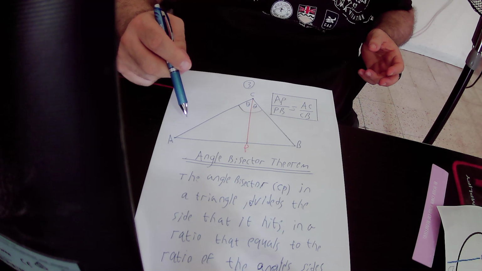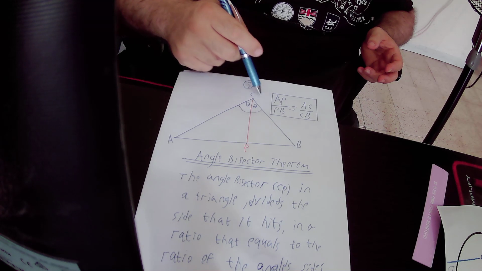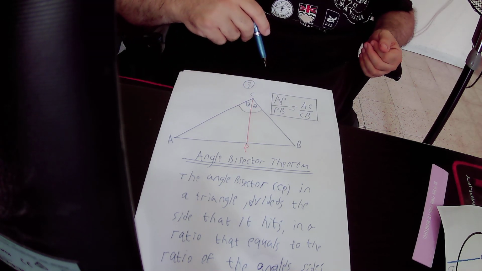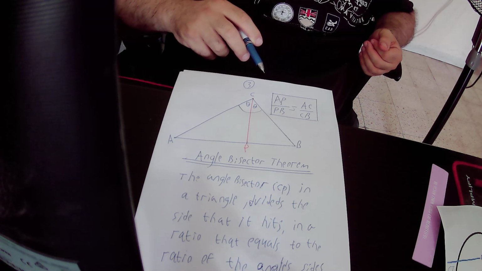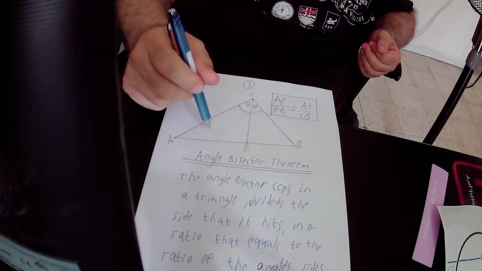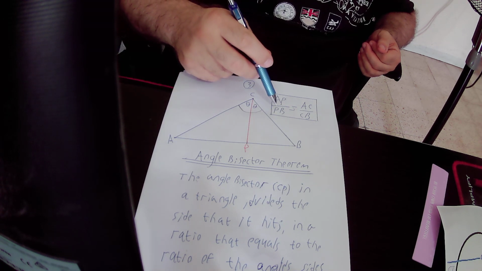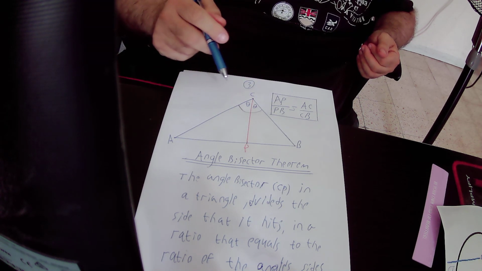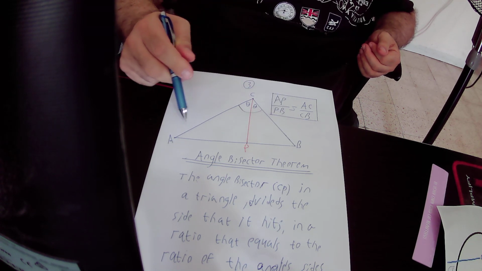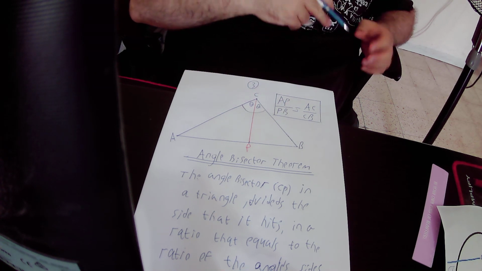That is to say AC over BC, or AC over CB, it is the same. Again, the ratio between the parts of AB, AP over BP, equals the ratio between the angle's sides, that is to say AC over CB. Okay?